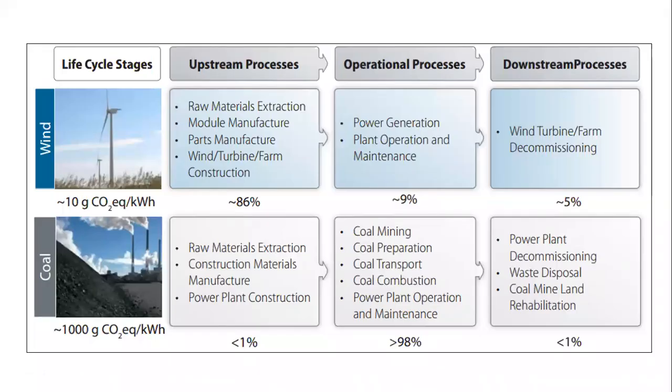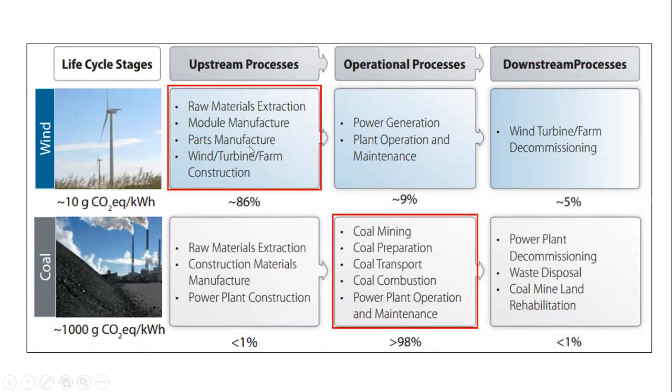And if we look at an LCA of a wind turbine compared to a coal plant, you can see that we have the life cycle stages, so the upstream and then the operations and then the downstream. So this is the kind of disposal of the asset. If you look at wind, the vast majority of the impact, 86%, is from the actual building out of the turbine itself.